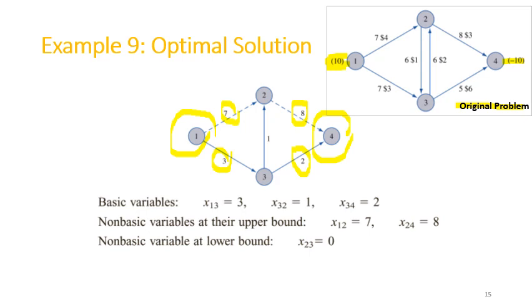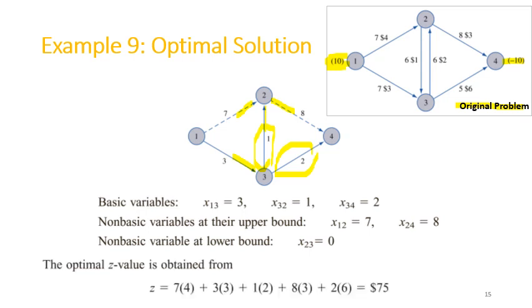And then for node 2 and node 3, the conservation of flow balance is also satisfied because they have zero net supply, right? Node 2 receives 7 plus 1, it sends out 8, so it is okay. Node 3 receives 3 units from here, it sends out 1 plus 2, so it is okay.